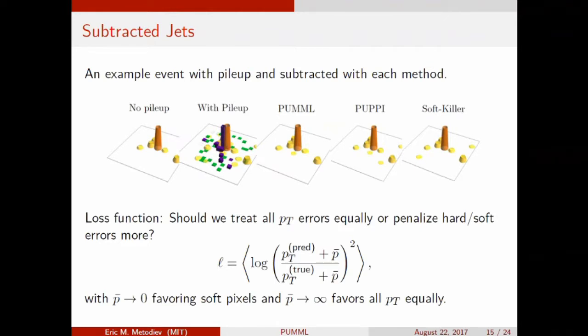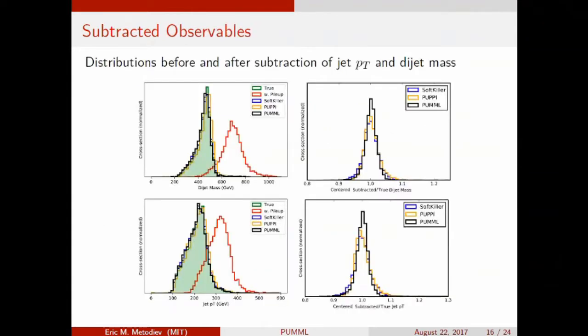And up top, you see an example event without pileup, with pileup overlaid, and with 3 of the algorithms. PUMML is the machine learning approach. And you can see that they all do well and predict the events as you expect, with PUMML doing slightly better than our implementations of the other 2. I'll briefly go through some of the observables we explored, not just whether you are predicting all of the energy right, but how well you are doing when you project into interesting dimensions of jet observables.